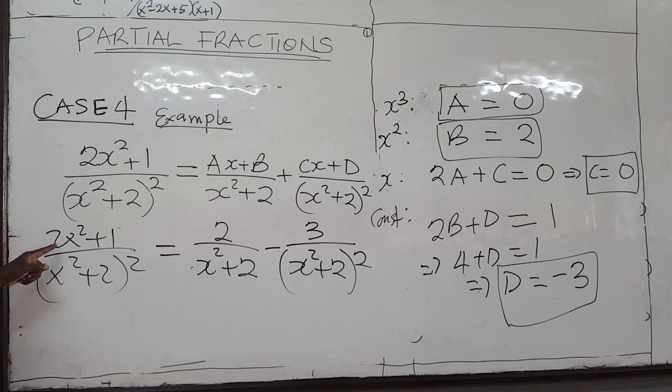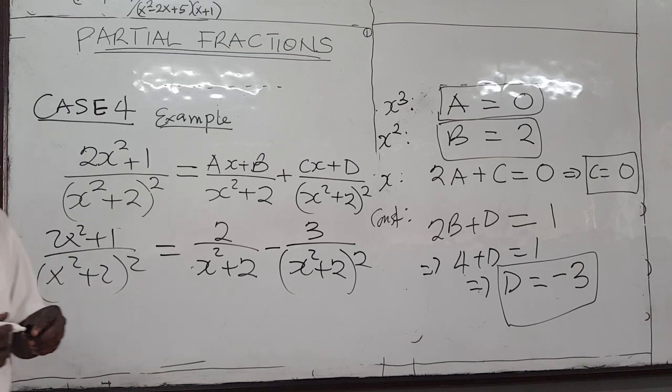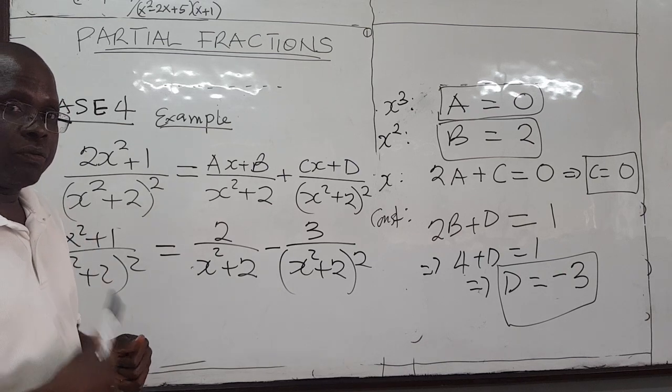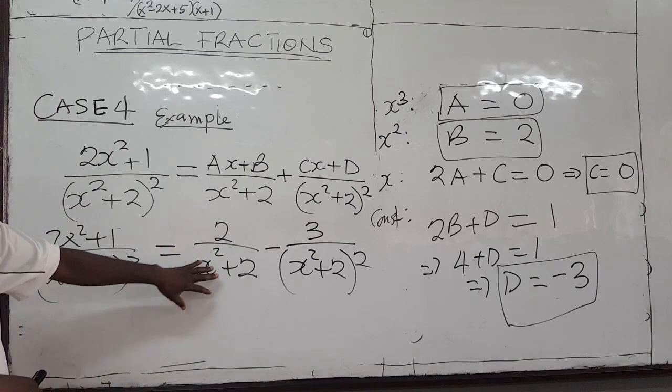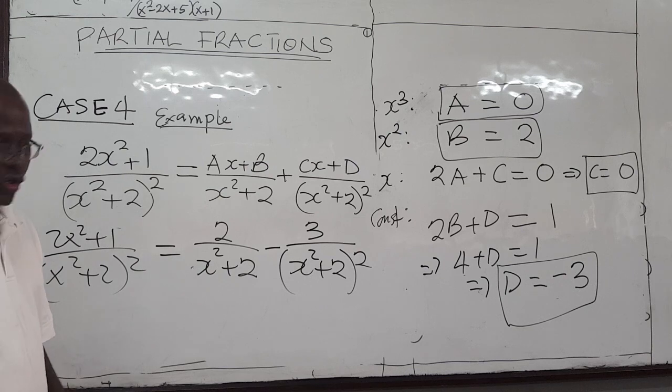So that is how you can decompose this, where the denominator is a product of irreducible quadratic factors repeated. So you have this.